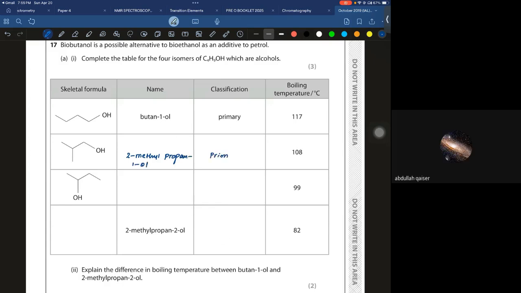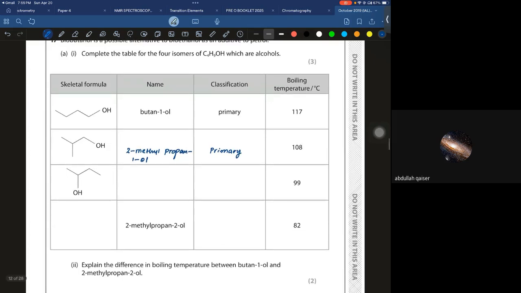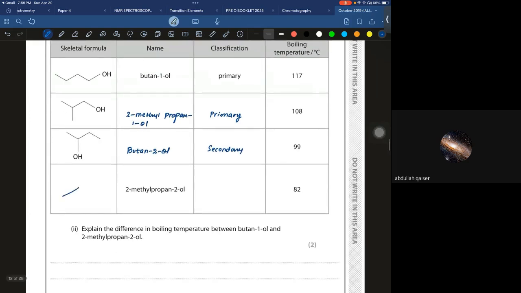And this would be one, two, three, four, butan-2-ol. This is secondary. 2-methyl propan-2-ol. It's tertiary, yes.